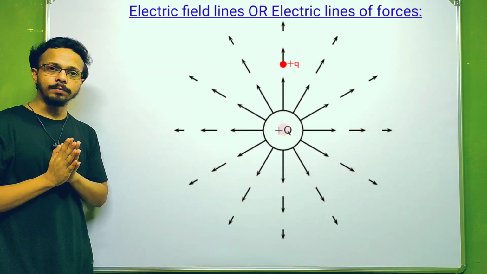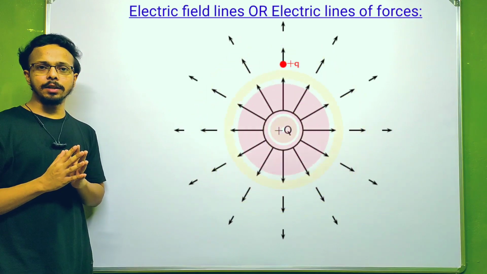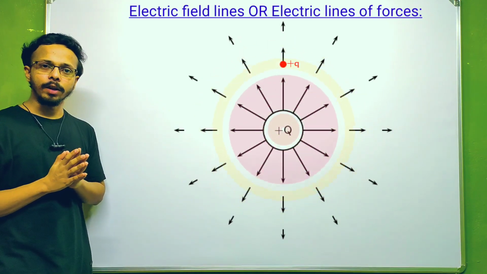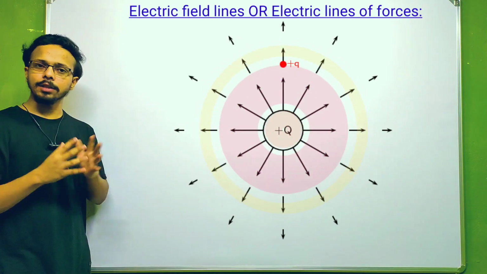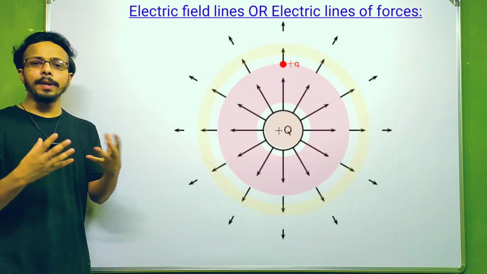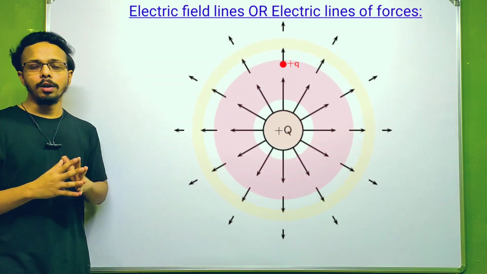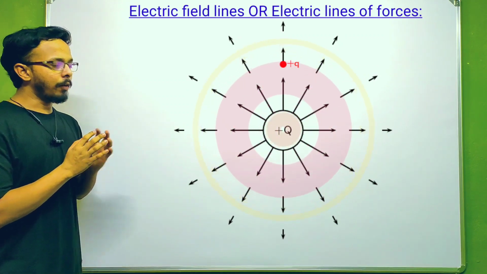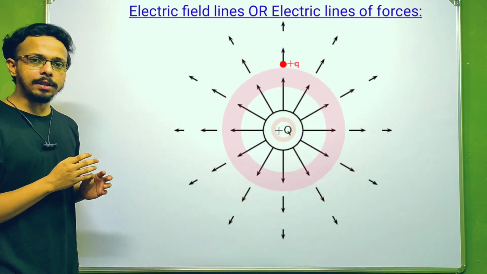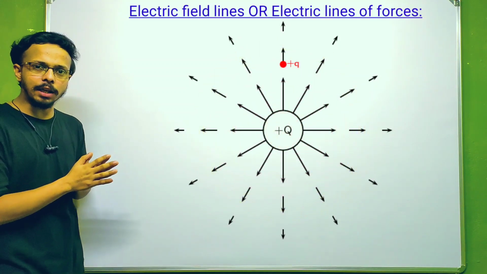The concept of electric field lines is given by Michael Faraday. These are imaginary concepts. Actually there are no field lines like this surrounding a charge. So to represent the electric field surrounding a charge, we draw imaginary lines surrounding it. The electric field lines surrounding this positive charge are like this according to the classical way.